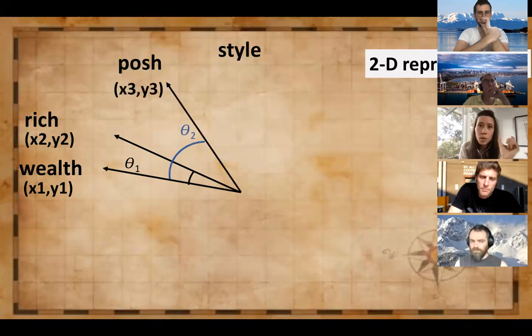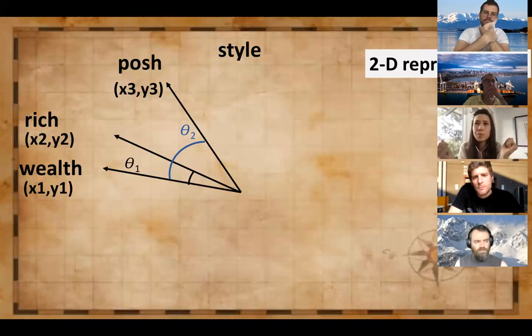You can then also compare the cosine similarity across different word pairs to get a sense of their relative similarities. So we would expect in an embedding space to see a higher similarity between the words rich and wealth than the words, say, wealth and posh, just for example.